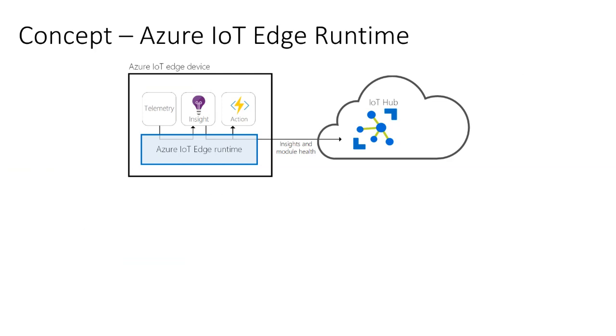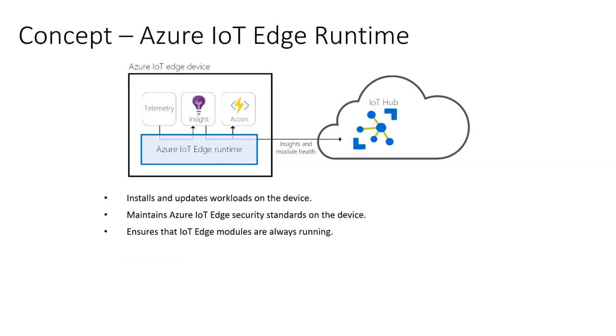So it runs the gamut in terms of what sort of hardware it could support. The IoT Edge device has a runtime running on it that offers the capabilities to interact with that device from the cloud.